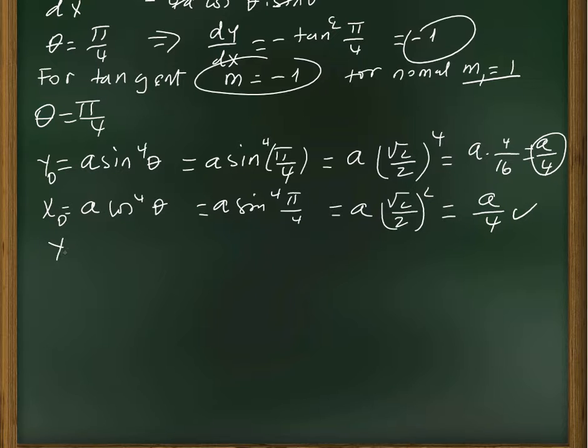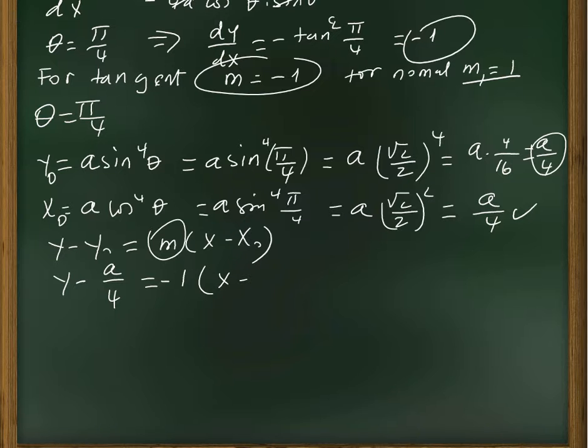So now we know that y minus y0 is equal to m times x minus x0, and y0 is a over 4, so y minus a over 4 is equal to negative 1 times x minus x0. Plugging in x0, which is a over 4, means that y is equal to negative x plus a over 4 plus a over 4.